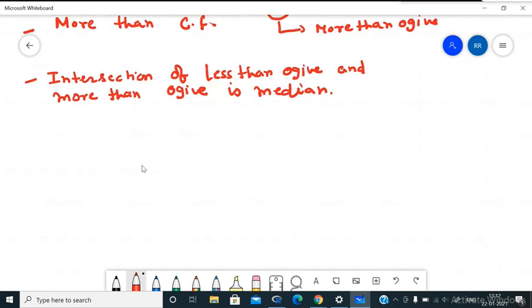Now I'm giving you a problem, and you have to plot the less than ogive and more than ogive.